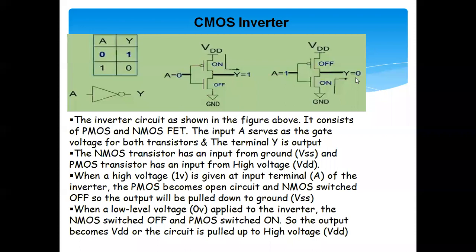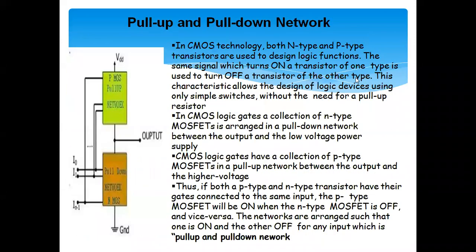Right? This is what the CMOS inverter does. Now, what is the concept of pull up and pull down network? Whatever the upper part is, that is the PMOS part, it acts as a pull up network. Why is it a pull up network? Because when the NMOS is off, for example when you give zero input, in that case only PMOS will be in conduction and NMOS will be off.